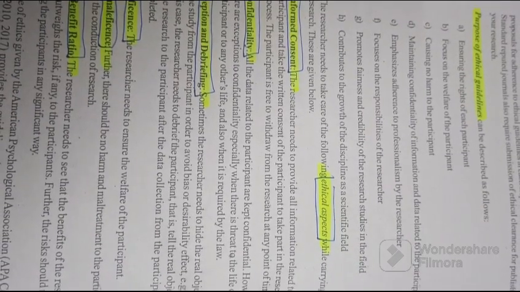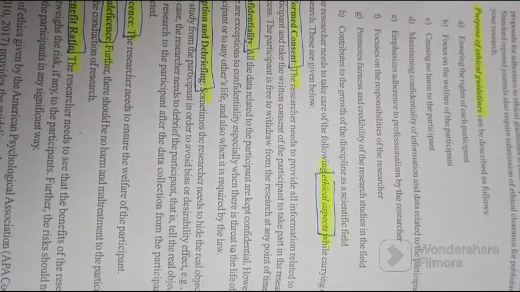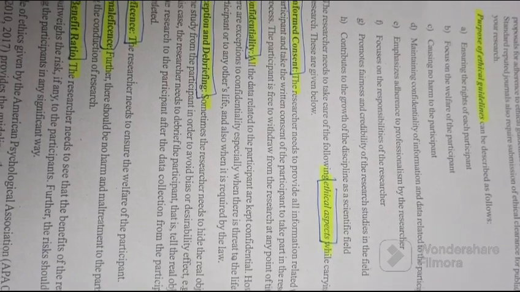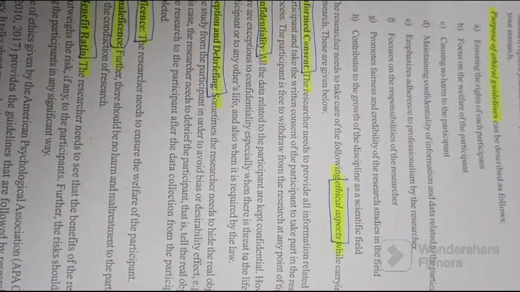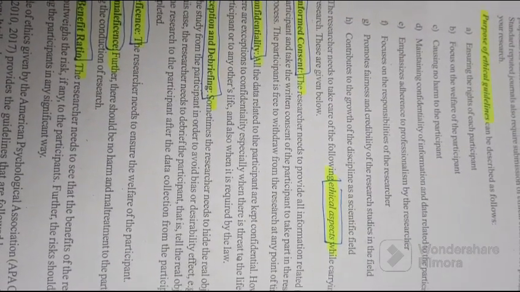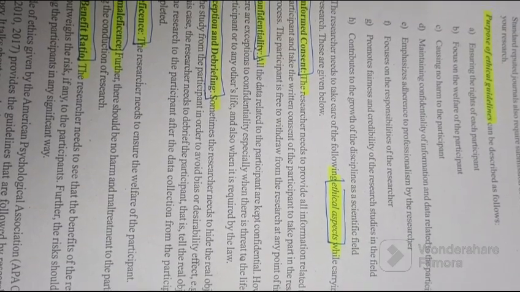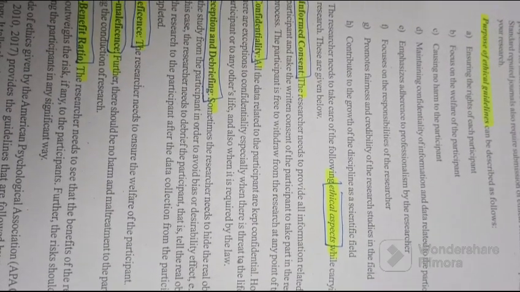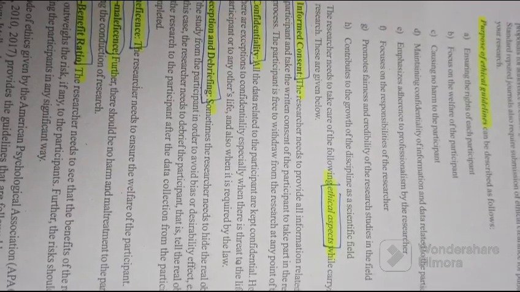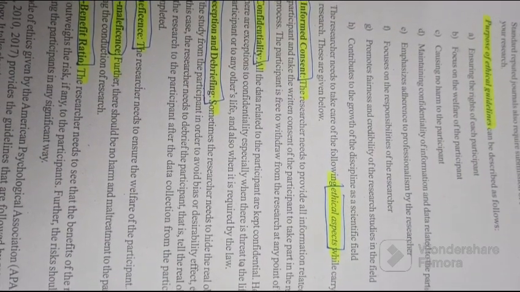Participant has the full right to withdraw. Participant has the full right to know the consequences, to know the procedure and the confidentiality, and the participant is not misused, information is not misused. So that is all regarding the welfare of the participant.